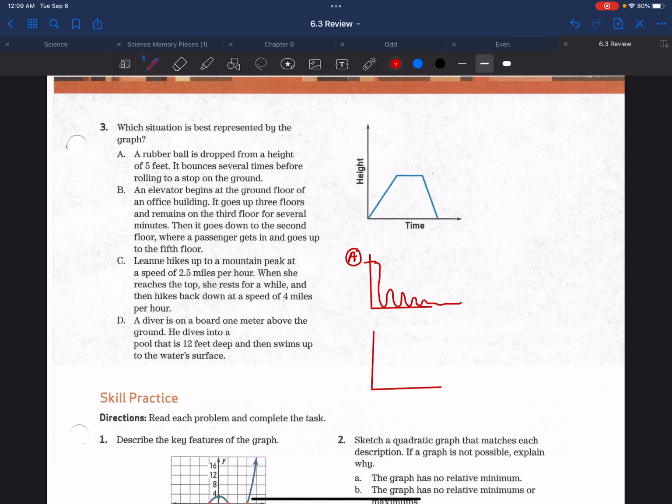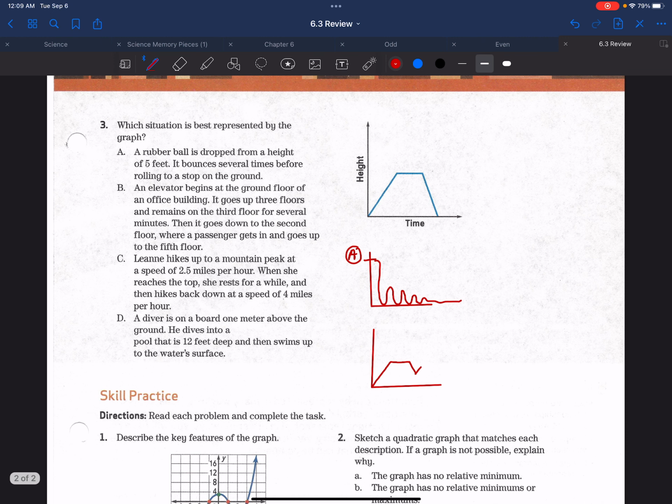At the ground floor, the elevator goes up 3 floors. It remains there for several minutes. Then it goes down to the 2nd floor where somebody gets on, and it goes up to the 5th floor. So that's not what we're looking at there.